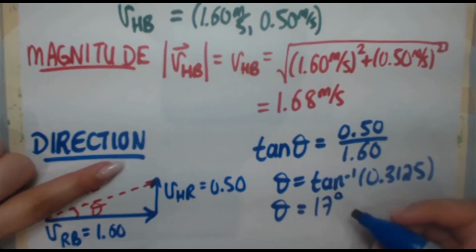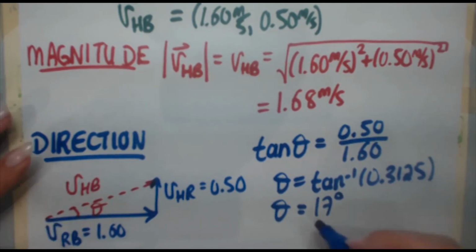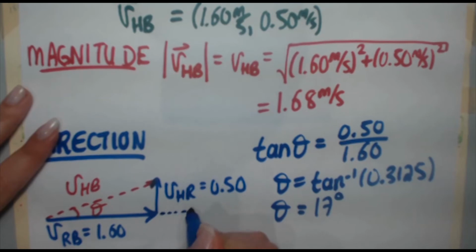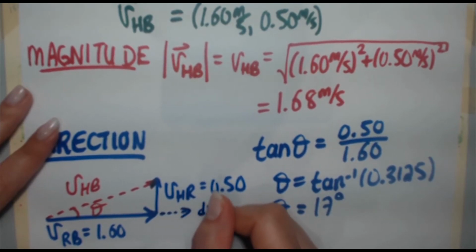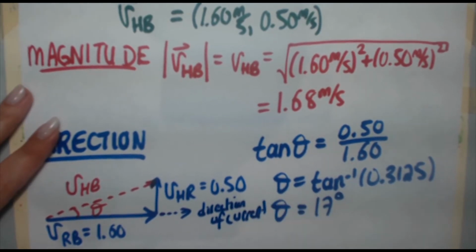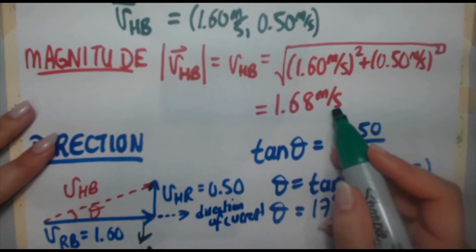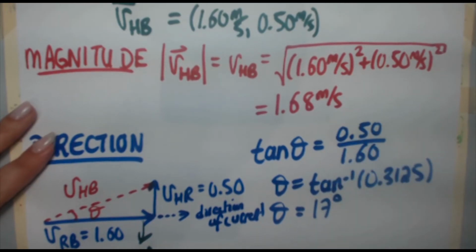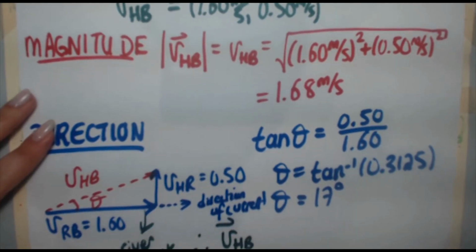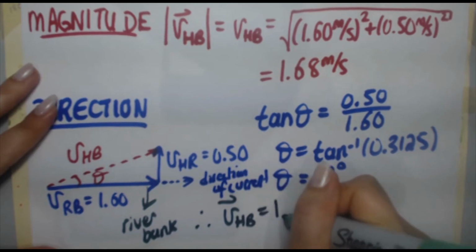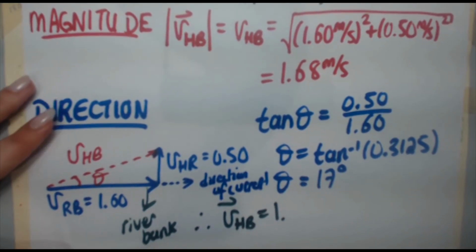Now what is 17 degrees relative to? It's relative to the riverbank, because this is the direction of the current. So this line here represents the riverbank. That's it, guys. You found the magnitude of Huck relative to the bank, and you found the direction. Now, how do we do this for sig figs?